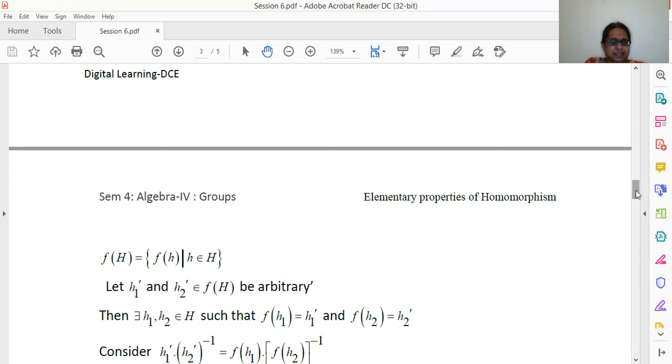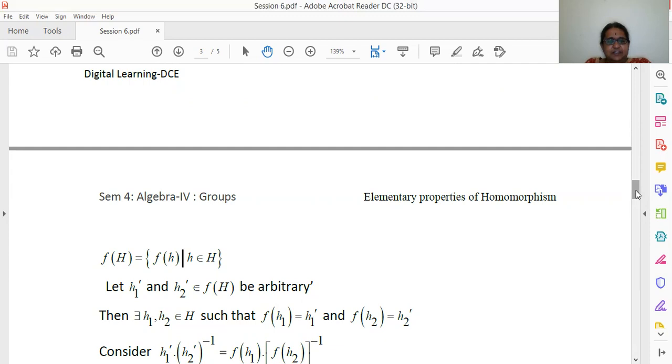Then there exist h1, h2 belonging to H, that is, the pre-images of h1' and h2', such that f of h1 is equal to h1' and f of h2 is h2'.